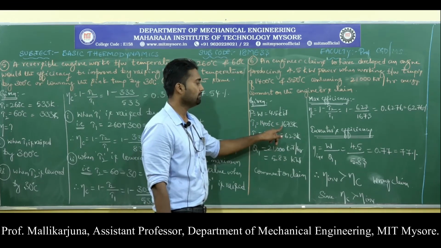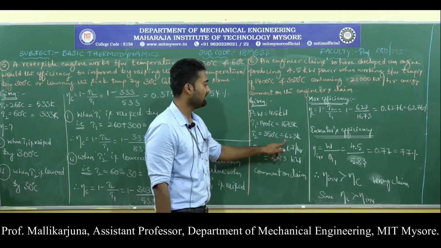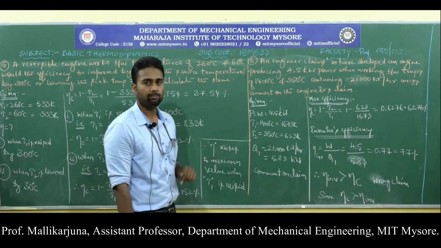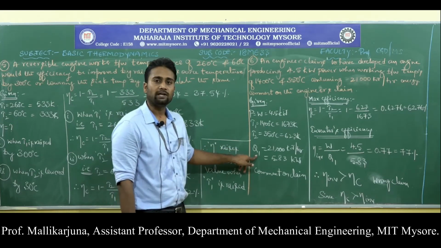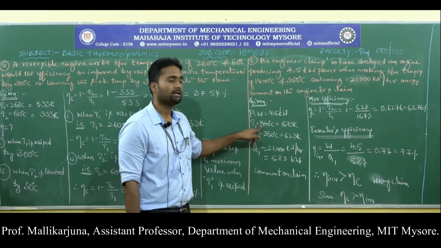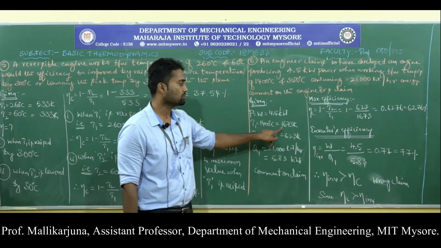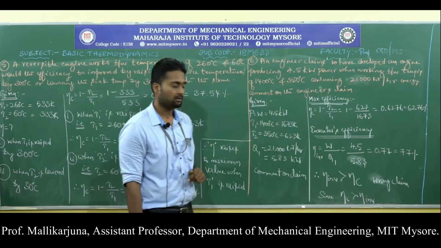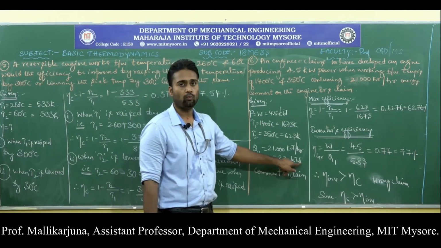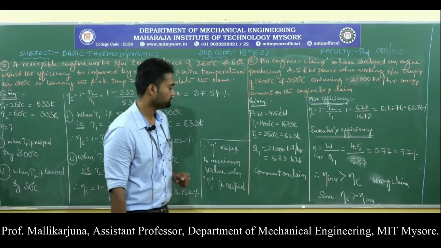In terms of Kelvin, 1673 Kelvin and 623 Kelvin: source temperature, sink temperature. This is the amount of energy absorbed by the engine from the highest temperature reservoir, which is nothing but the source operating at 1673 Kelvin. The value is 5.83 kilowatts, in terms of watts.